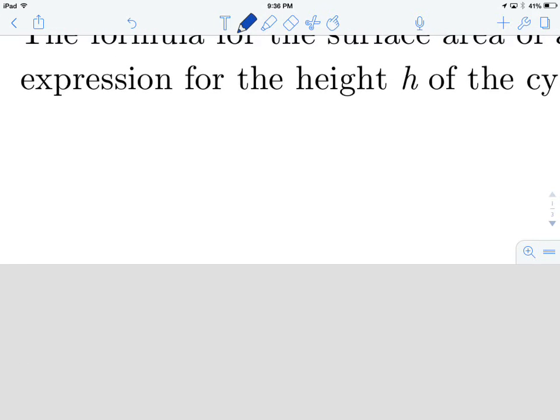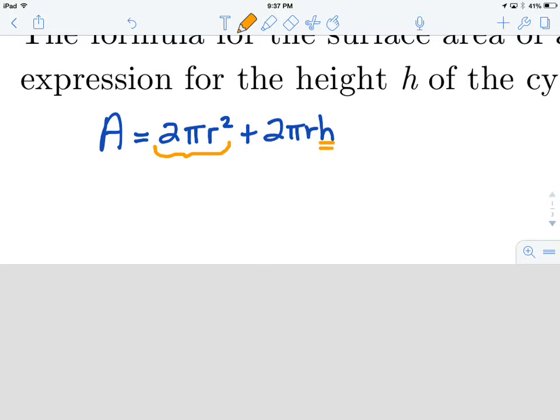We'll begin by writing our expression, A equals 2 pi r squared plus 2 pi rh. And we'll notice right away that this term right here does not have h in it. Our goal is, of course, to isolate this h so that we can get it by itself.